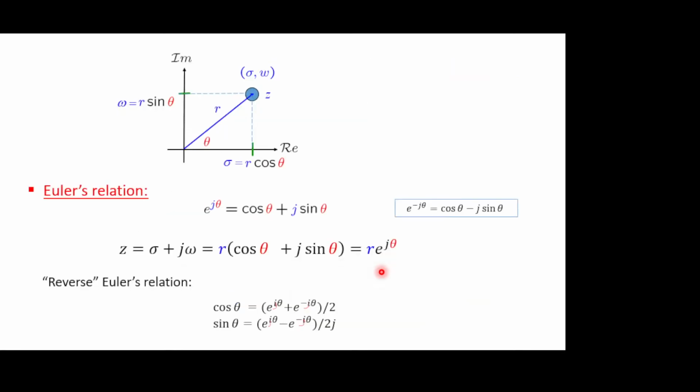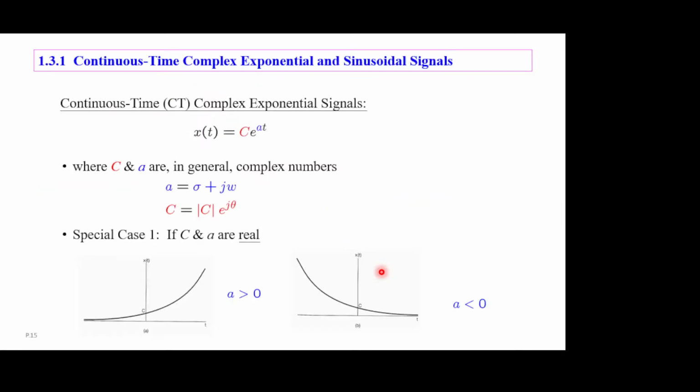Okay, another question? Then let's go back to actual textbook material. Now we talk about complex exponential signals, and let's start with the continuous time case. As you say, it's an exponential signal, so we have this e to the alpha t here, and also another constant in front.